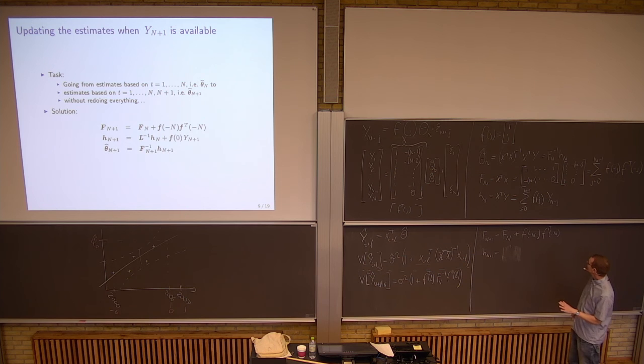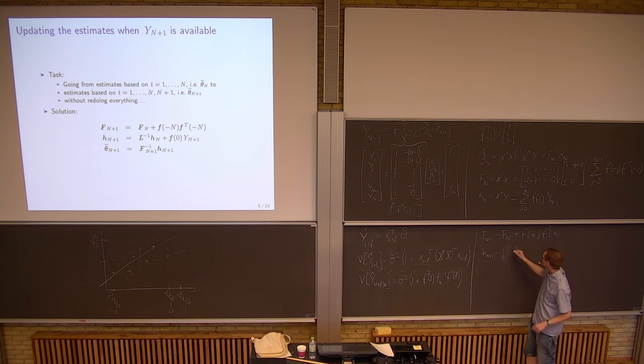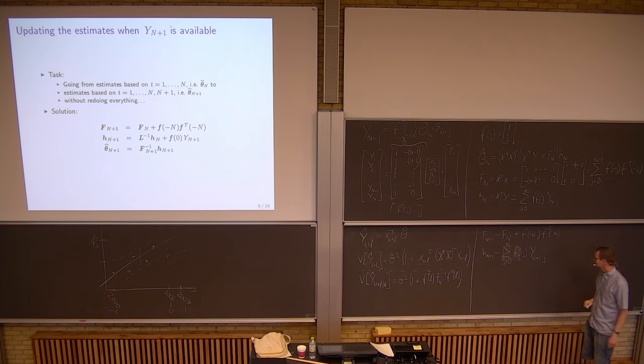Maybe I will walk it through a little bit nicer. So the definition here is the sum of j equals 0, now I go to n plus 1, so it will just be n out there, of f of minus j, y n plus 1 minus j.